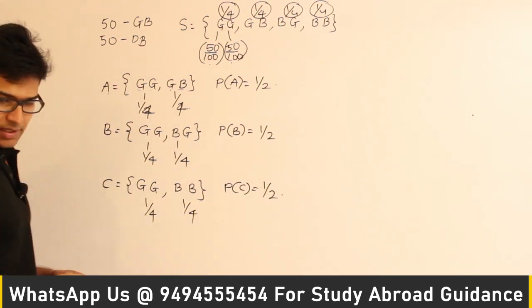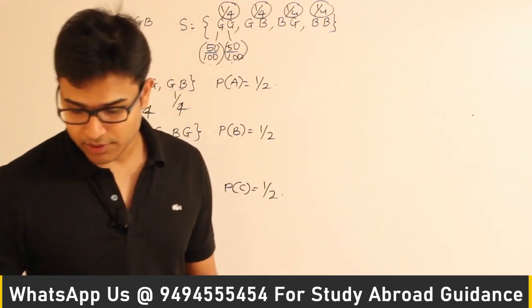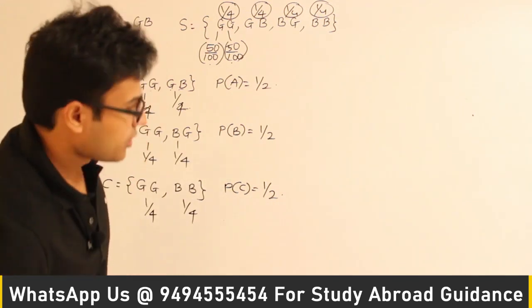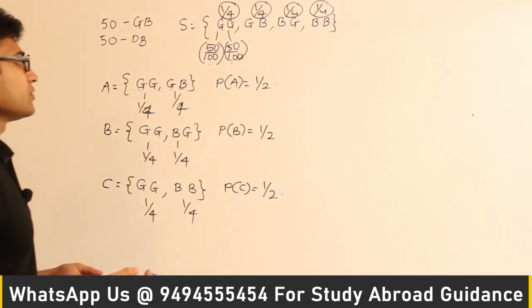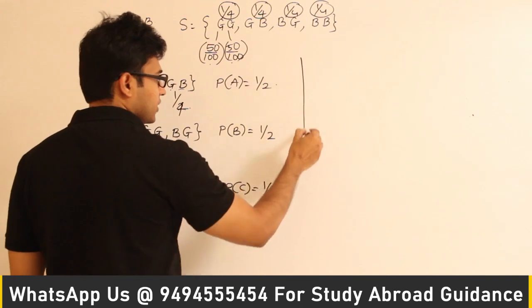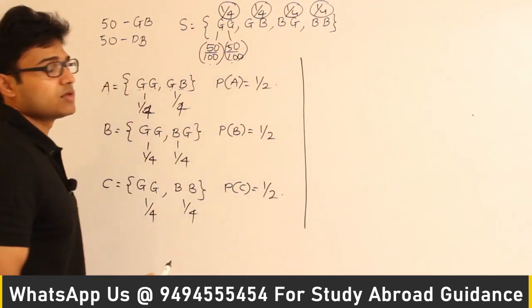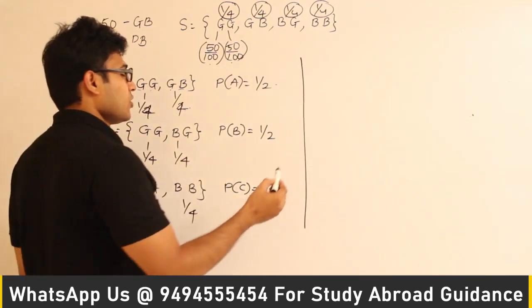Now the question is, are these three events A, B, C independent or not? So we have to find out whether they are independent or not. So again, how can we find out when three events are given? We have to verify four formulas. What are the four formulas?